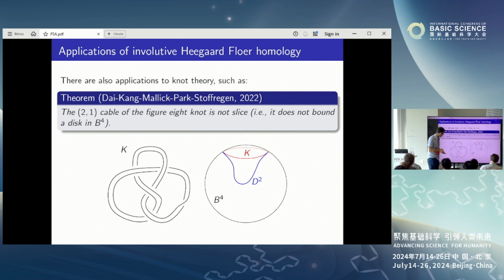People knew that it wasn't ribbon, but a lot of invariants are zero for it. So it looked like possibly it could be slice. However, using Involutive Floer homology, they found a new method for obstructing sliceness, and this applies to this knot. So they show that this knot is not slice. This is work of Dai, Kang, Mallick, Park, and Stoffregen.